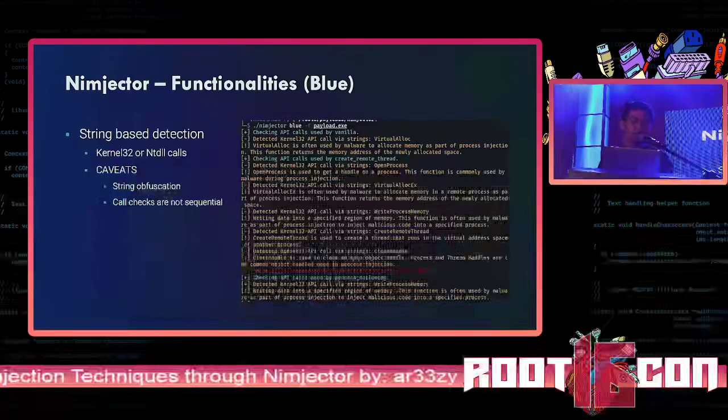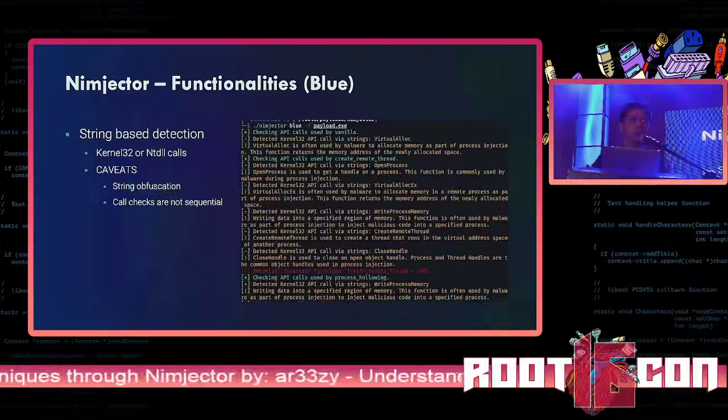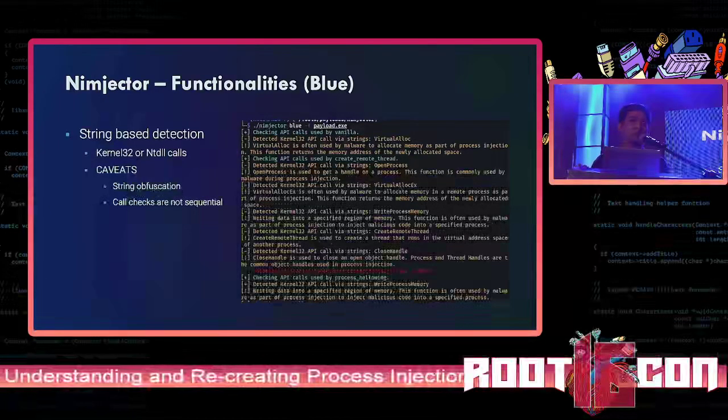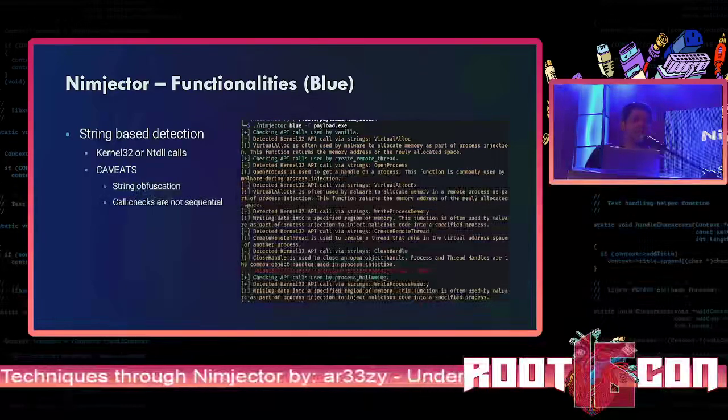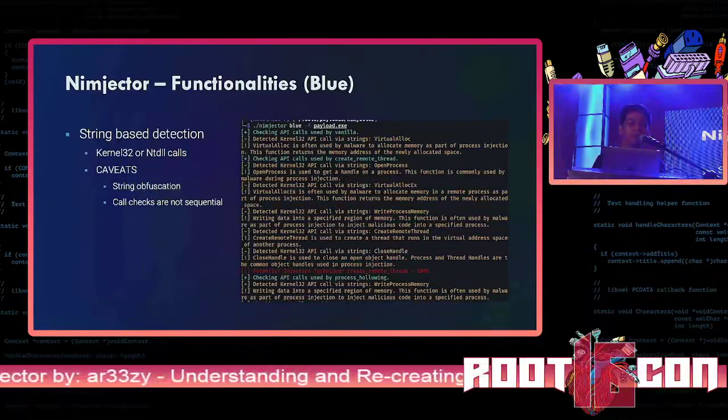So first, it's just a string-based detection. So not every binary is being packed or being obfuscated. So it's still useful if you want to have a quick dirty check if there is a suspicious API calls that are written inside the binary.